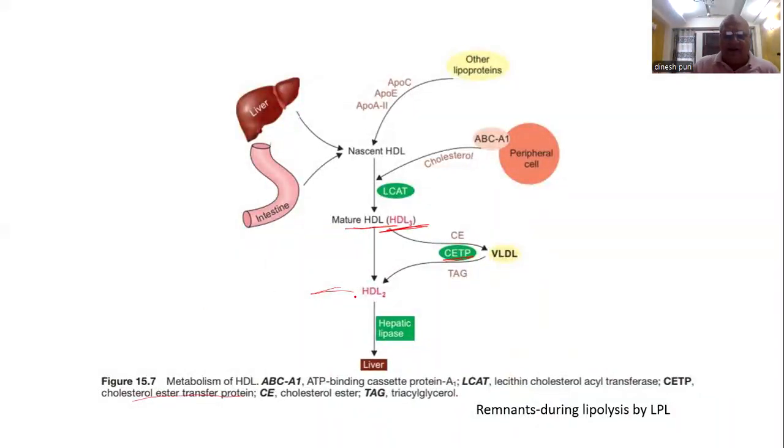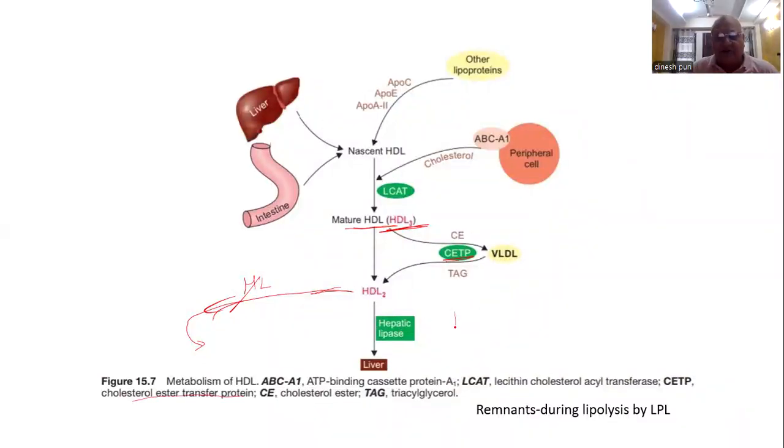One more point here. Now, HDL2 is acted upon by an enzyme called hepatic lipase. I think I have shown it here. It enters the space of Disse, where it is acted upon by hepatic lipase.